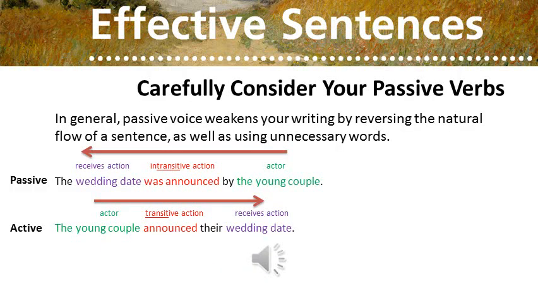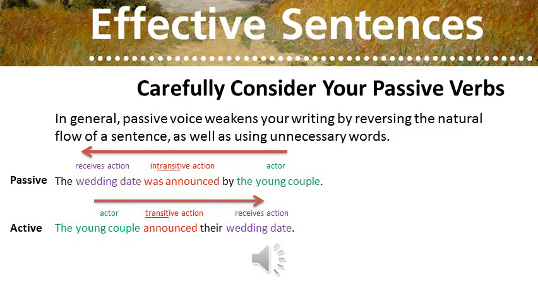And now we come to something that I really don't like a lot at all, and that is passive verbs. There are certain situations in which using a passive verb is acceptable. But generally speaking, what you want is your verb to be active, and you want the subject to be the actor of the action. So, when you use passive voice, it really weakens your writing and it adds completely unnecessary words.